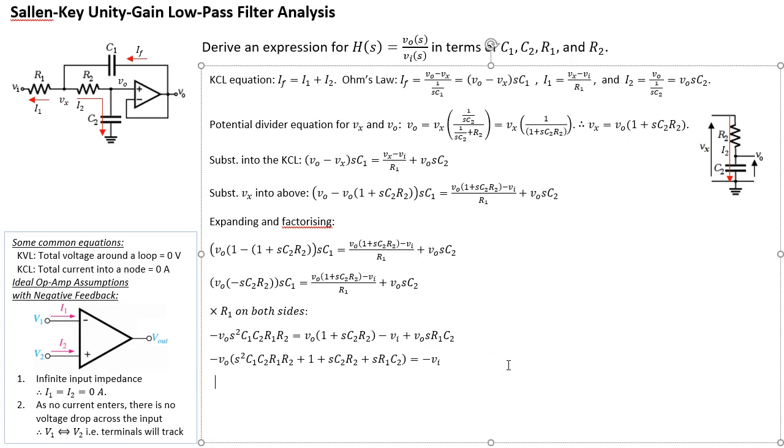So what we're going to have here now is VO over VI. Imagine that I'm taking that VI across the other side, and this whole term goes to the right hand side. So it's going to be 1 over this very long thing.